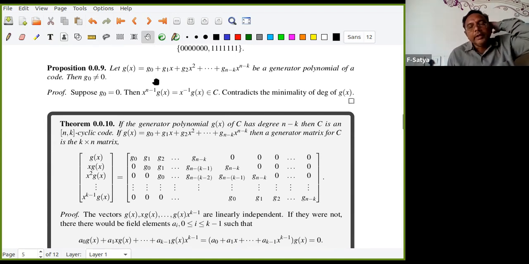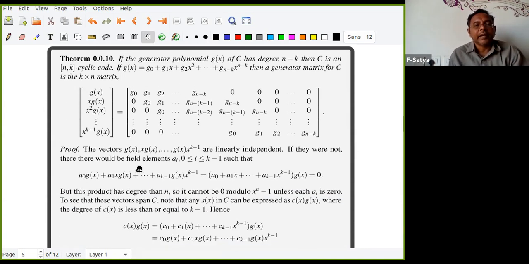The cyclic code is generated by g(x), so any polynomial multiplied to g(x) is again in the ideal. But now I get a polynomial of lesser degree in C. But what is the generator polynomial? It is the smallest degree, right? That is a contradiction. So the constant term is always non-zero. That small result we proved.